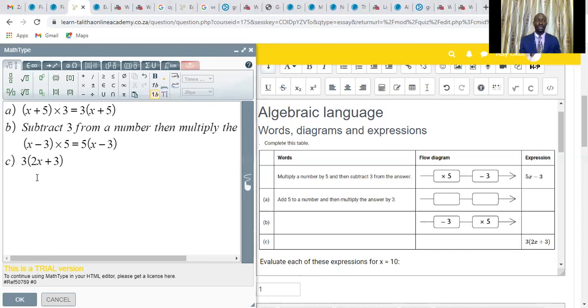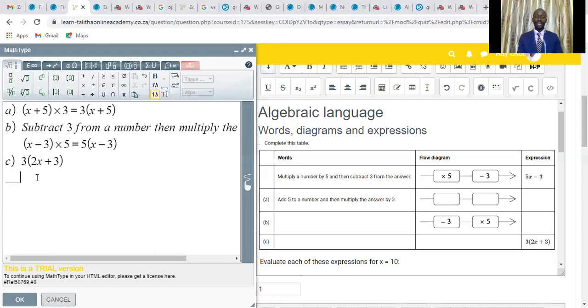So the first thing would then be to multiply a number by 2. Any number, which in this case is chosen as x. So multiply a number by 2 and then add 3 to the answer. Then the result, multiply it by 3. You see?